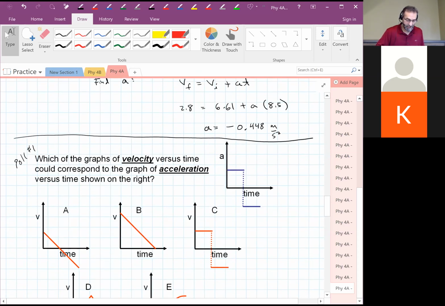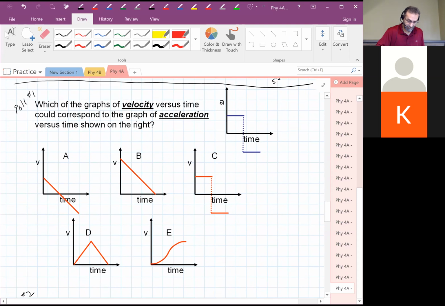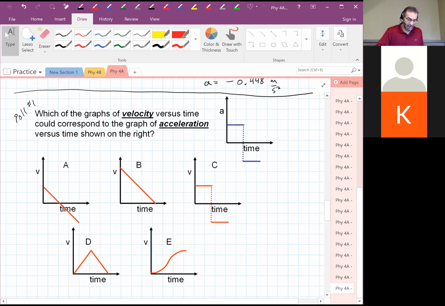Okay, let's do this one. If you're given this acceleration versus time graph over here on the right, we want to know which of the graphs below would be the correct velocity versus time graph.